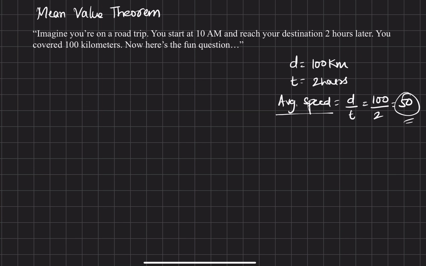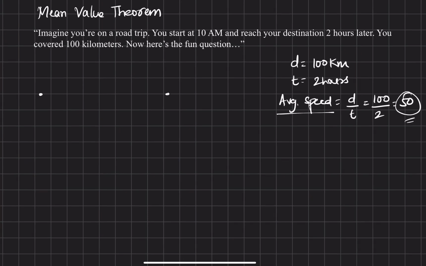Now what mean value theorem tells you is, if for your entire journey, let's say you started from here and then reached here, it's 10 a.m. and 12 p.m., and your average speed was 50 kilometers per hour, mean value theorem tells you that during your journey there was at least one moment when your speed was actually 50 kilometers per hour.